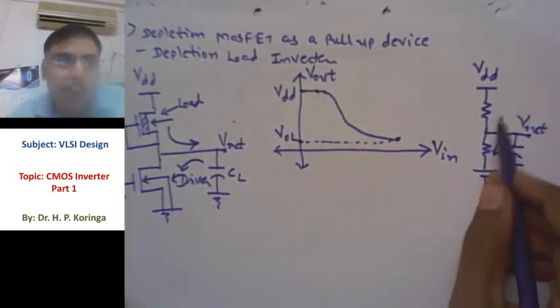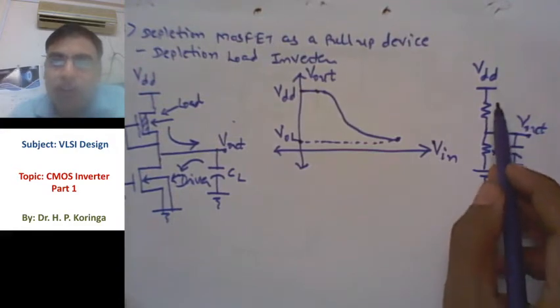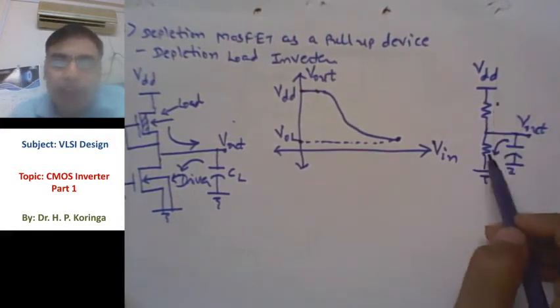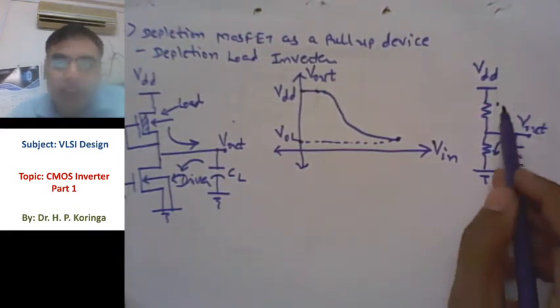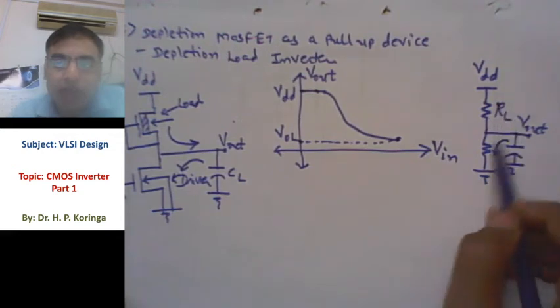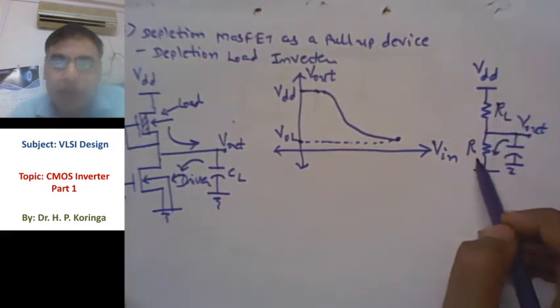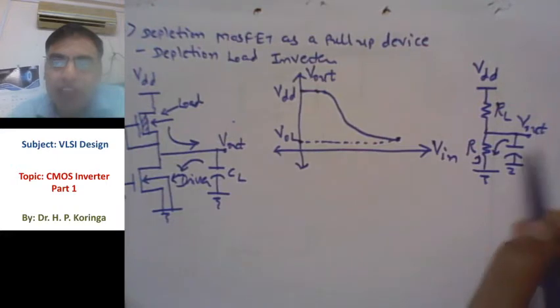So depending on the ratio of the load MOSFET W/L and the driver MOSFET W/L, it forms two different resistance values, and those two resistance values will decide the load and driver. It will decide what the V out value should be. So it never goes up to 0.